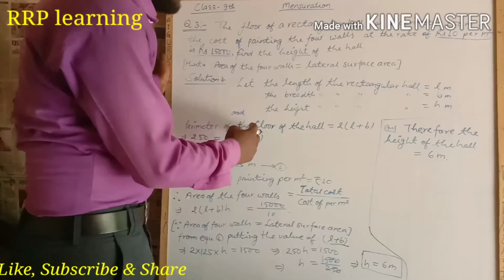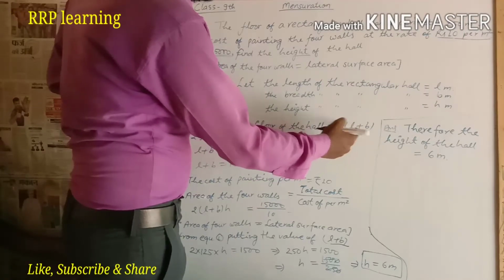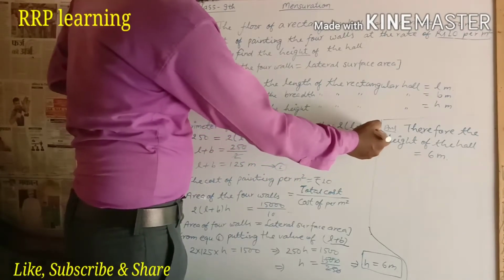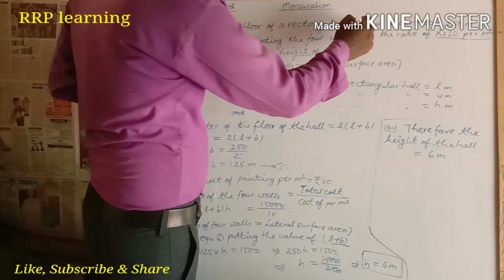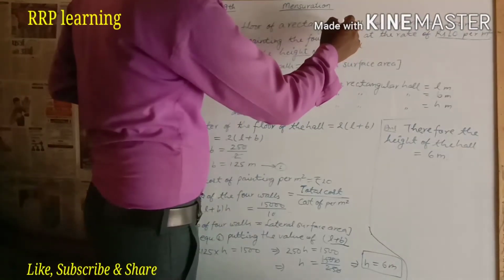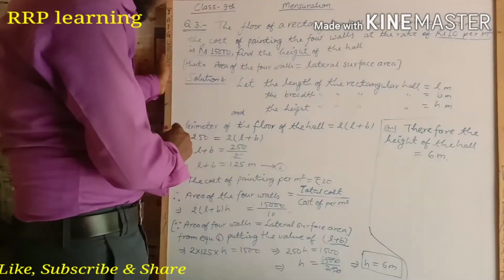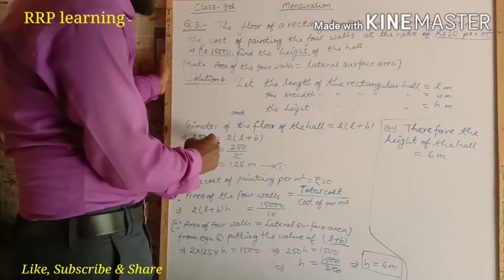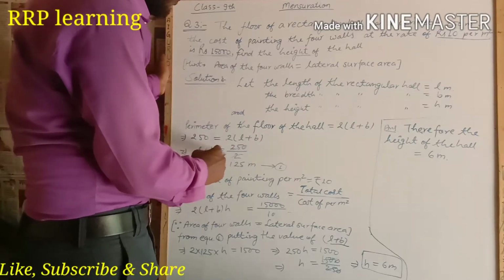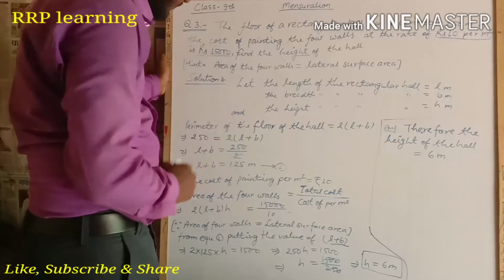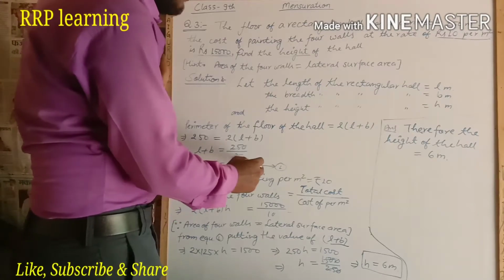Perimeter of the floor of the hall equals 2 in bracket L plus B, because the shape is a rectangle. So 250 equals 2 in bracket L plus B, or L plus B equals 250 upon 2, or L plus B equals 125 meter.